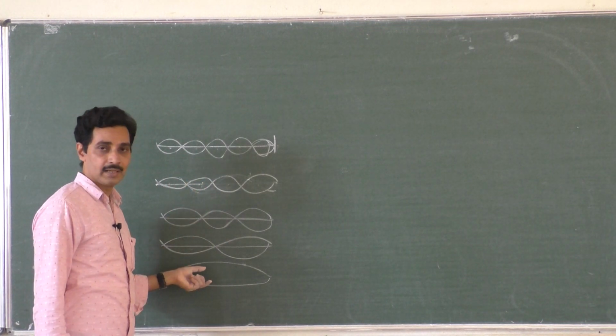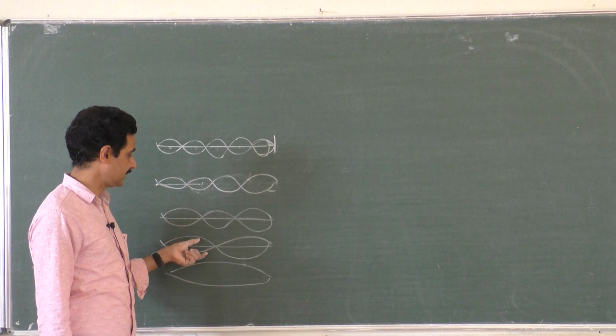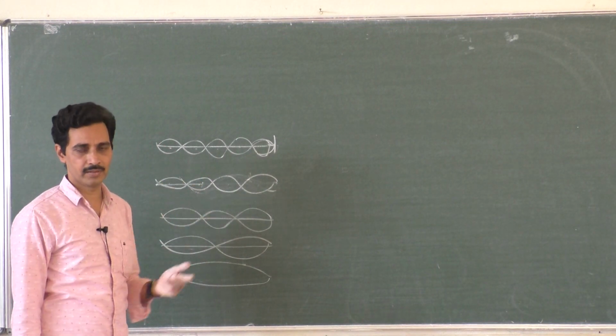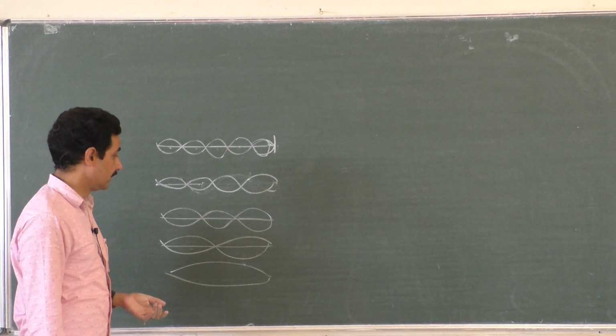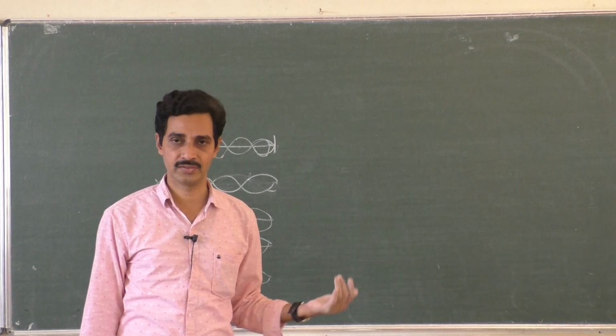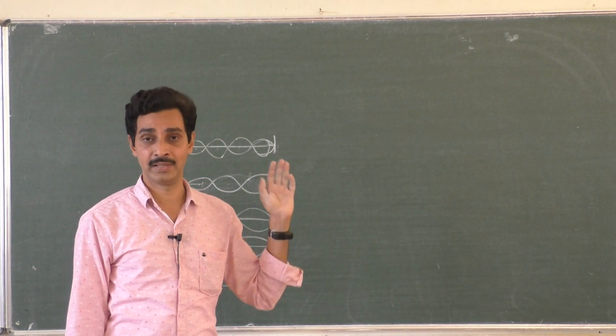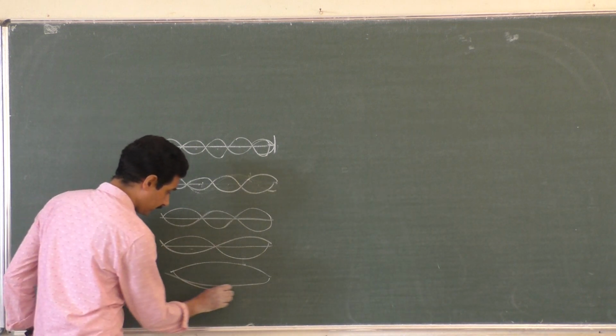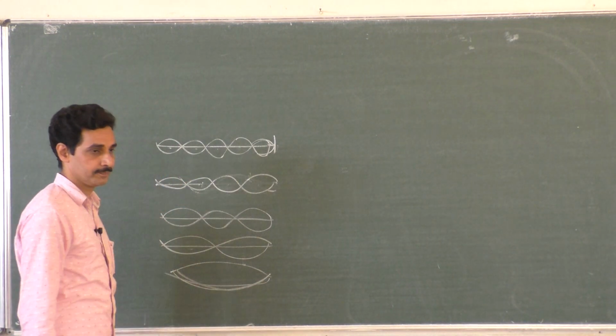If this is 3 Hertz, then this will be 6, 9, 12, like that, multiples of integers. So in a string we have all the frequencies of vibrations, all integral multiples of the frequency of the fundamental mode. This is the lowest frequency with which you can make it vibrate.